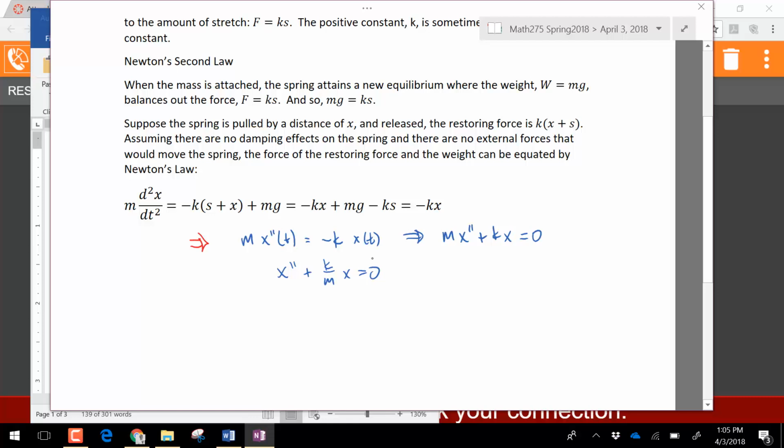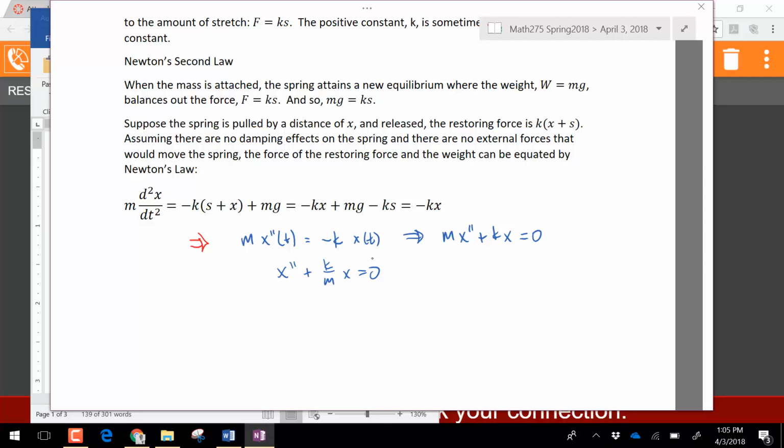Now, we're assuming that k is positive, and we're also assuming that m is positive. So when you look at this as a differential equation that you're going to solve, this is a second order differential equation with constant coefficients.